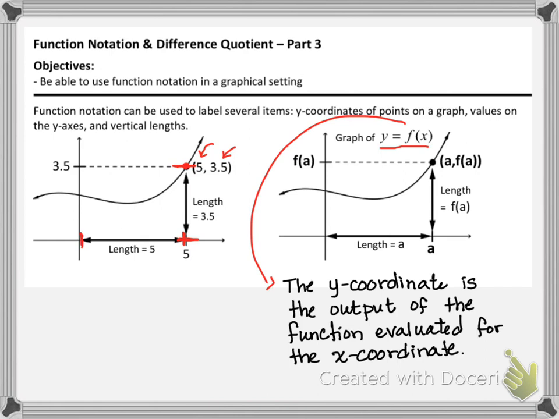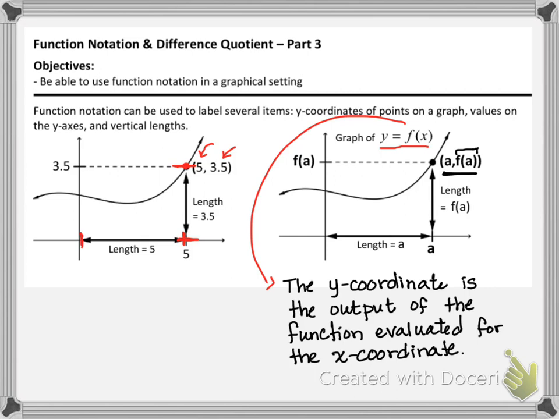If the x-coordinate is 22 billion, the y-coordinate is f of 22 billion, right? So when we write this ordered pair this way, all we're saying is that we got the y-coordinate by evaluating the function f for an input of a. None of this is different from what you know about graphs already, except for the notation.